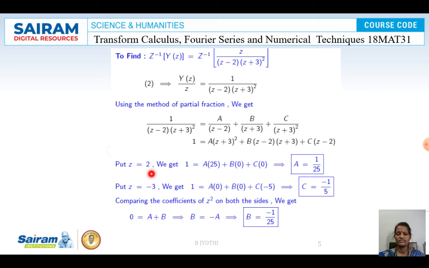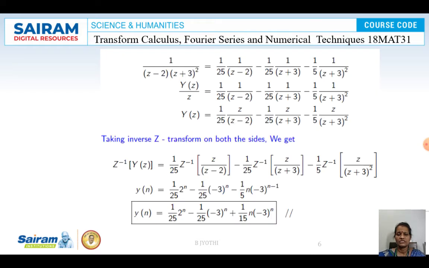Now if we put z is equal to 2, we get A as 1 upon 25, and if you put z as minus 3 in this equation, we get C is equal to minus 1 by 5, and if you compare the coefficients of z square on both the sides, we get A plus B as 0. Therefore, B is equal to minus 1 upon 25.